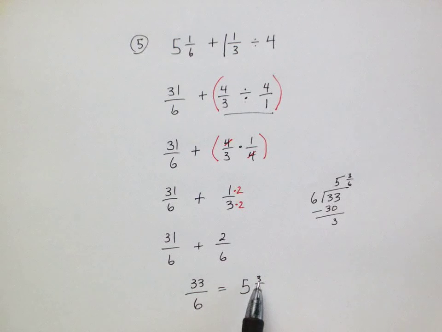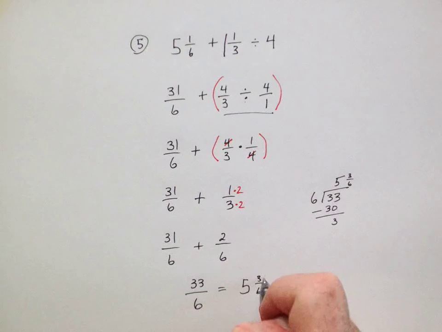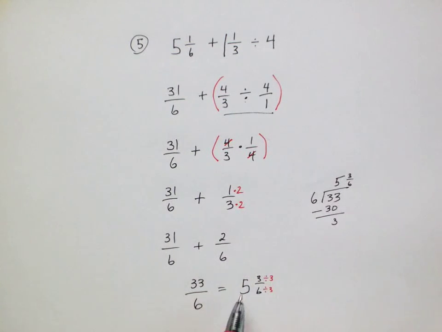You could divide by 3 and divide by 3. So when you divide by 3 on the top and the bottom, not on the 5 because the 5 is just the whole number 5, it's just this fraction we're reducing. So the final answer would be a 5 and then this would be 1/2. So the final answer would be 5 1/2.